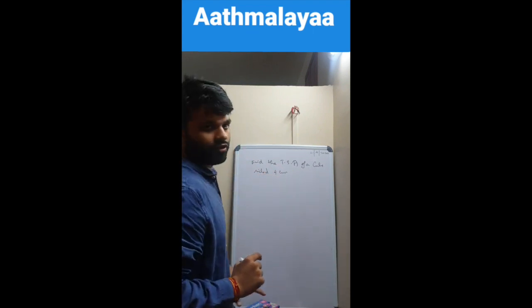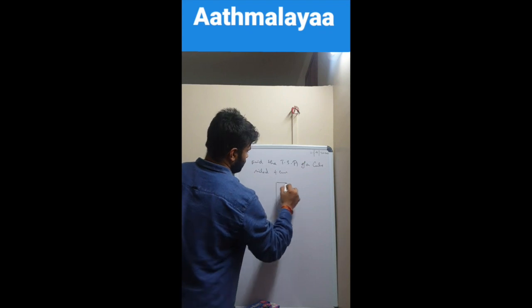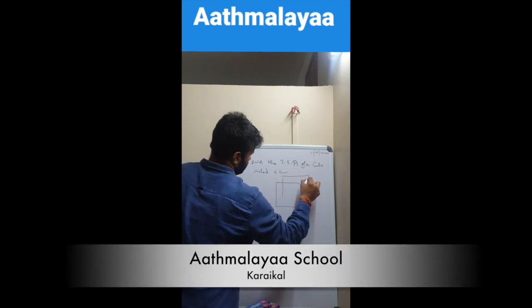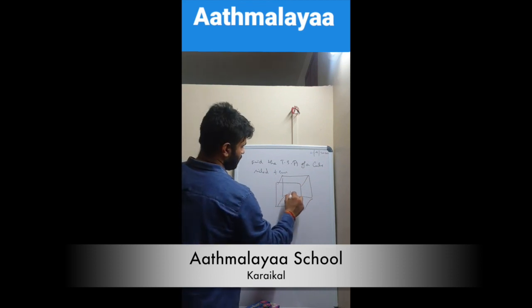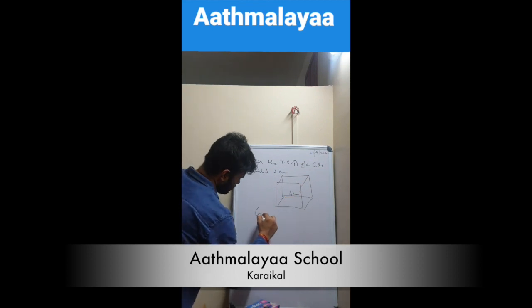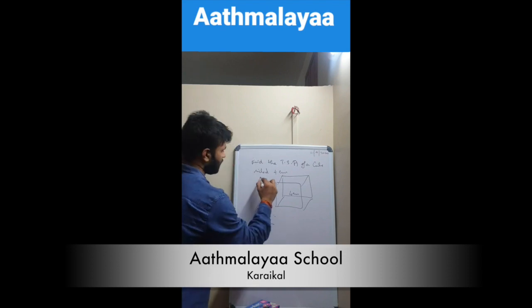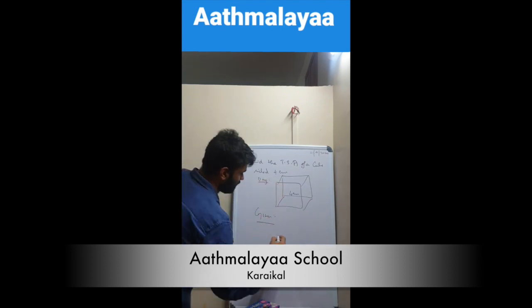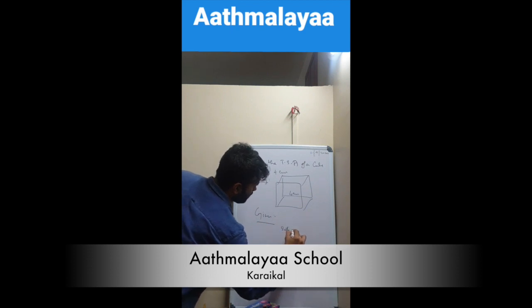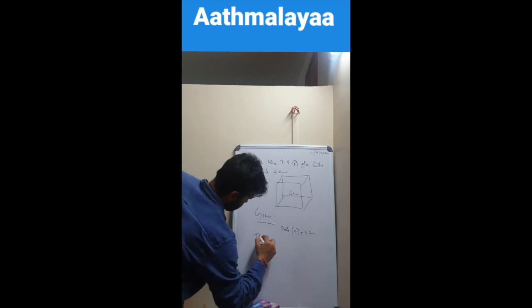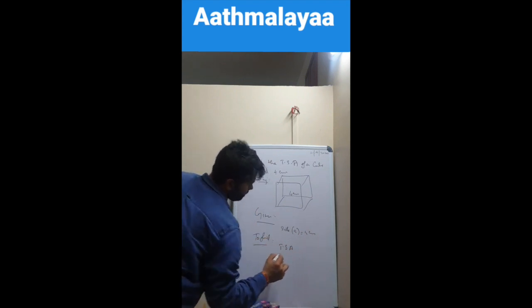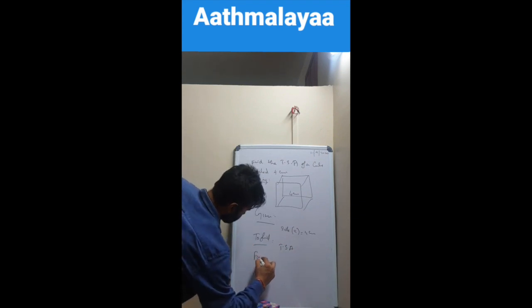Okay, first of all, draw the figure. What is given now? 4 centimeter side. Write the given. So first part is diagram. Second part is given side, which is a, is 4 centimeter. To find total surface area. Now formula.